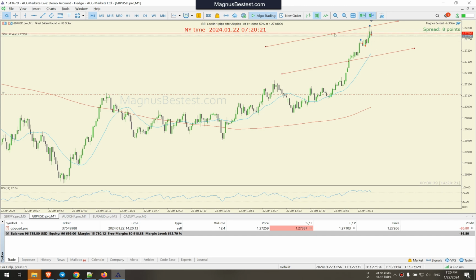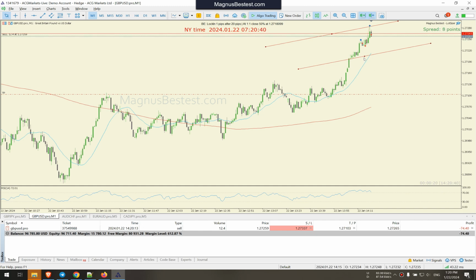And here we still have this stop loss trend line valid. So if it touches this trend line, it will close the trade. And if it touches this trend line, it will close the trade, but because of the take profit. So here, very clear situation.